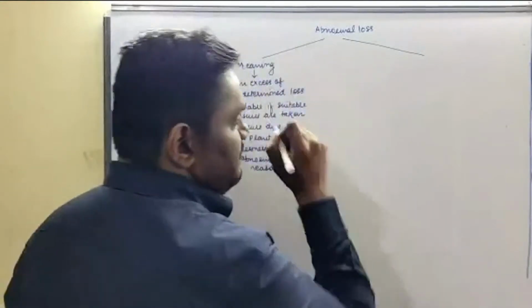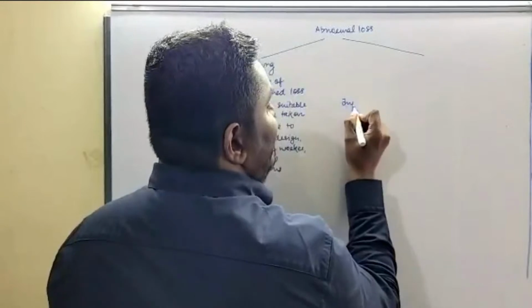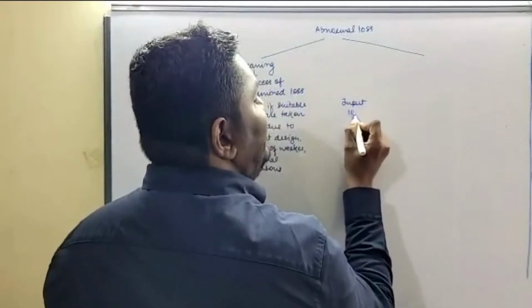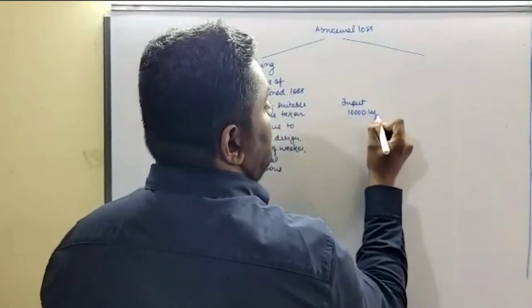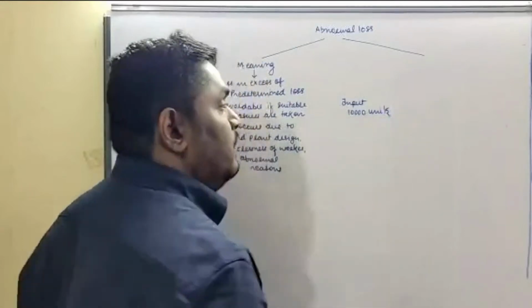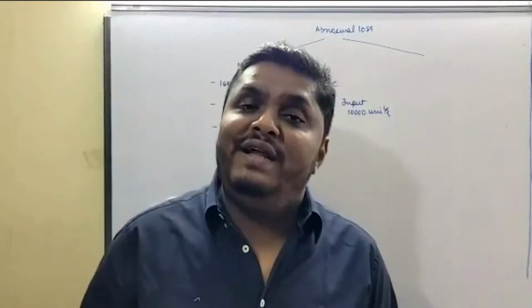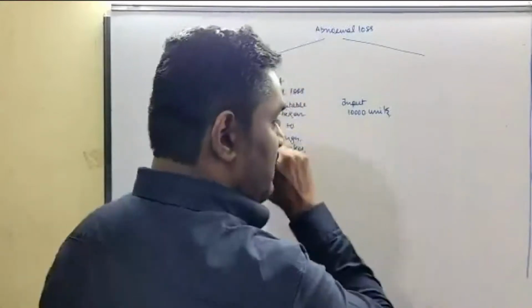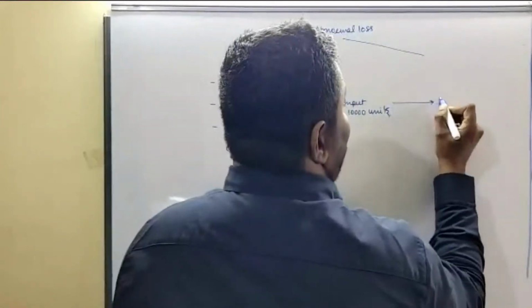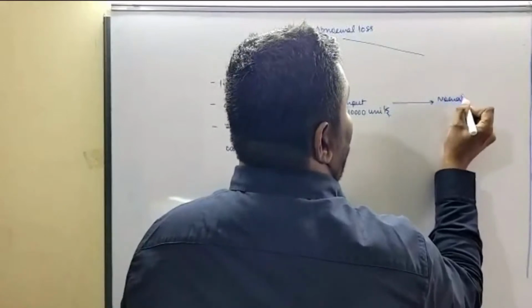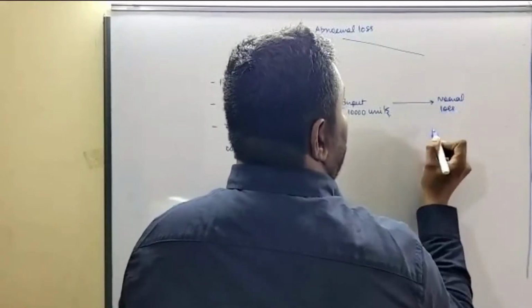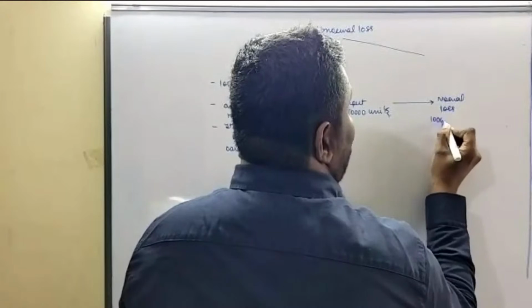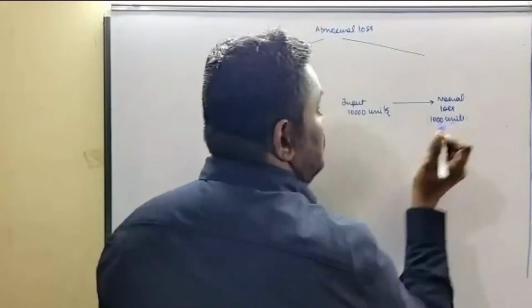Let me discuss this with the help of an example. Let's say I've made an input of 10,000 units. Now I predicted well in advance that 10% will be my normal loss. So there will be a normal loss of 1,000 units.